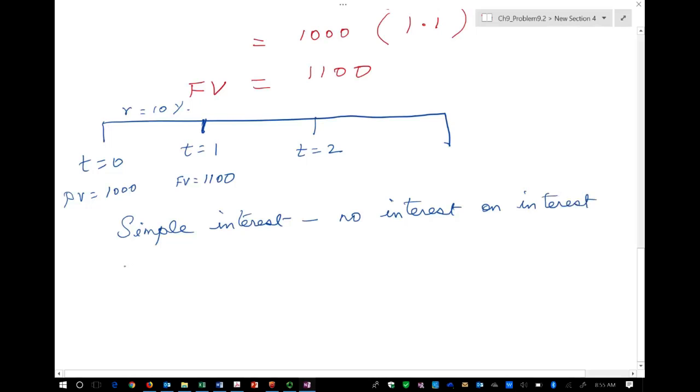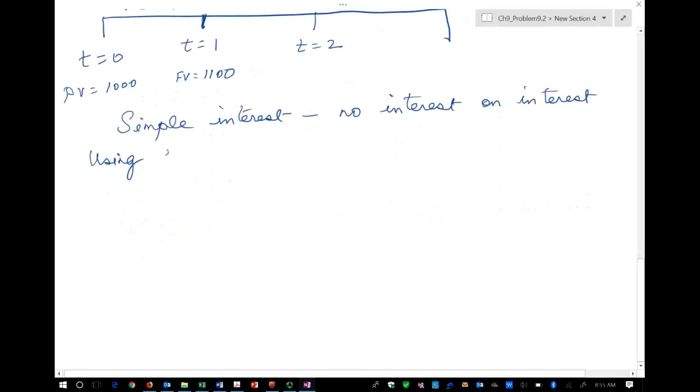So, that means using simple interest, my future value would be equal to 1000 plus 1000 multiplied by 10 by 100 multiplied by 2.